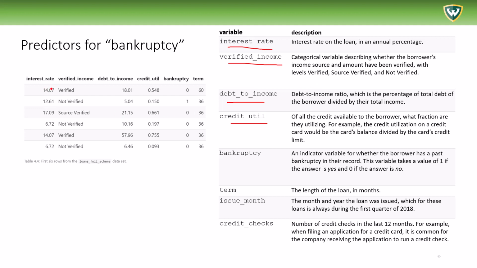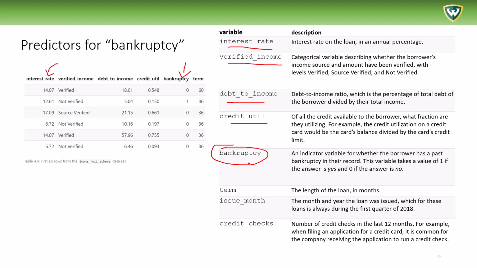Also note that in this data set, we have everything here that may be helpful to predict the interest rate or may be helpful to predict bankruptcy. So, for example, let's think of bankruptcy as the dependent variable.